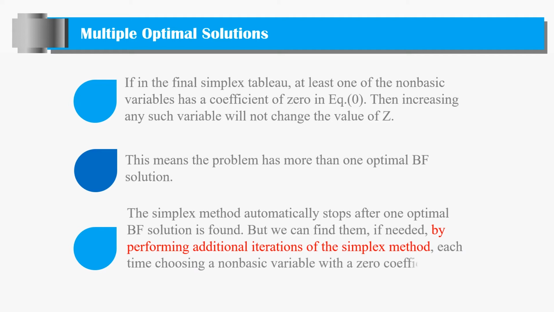However, if we want to find other optimal BF solutions, we can perform another iteration of the simplex method. In this new iteration, we simply choose a non-basic variable with a 0 coefficient as the entering basic variable and proceed as usual.